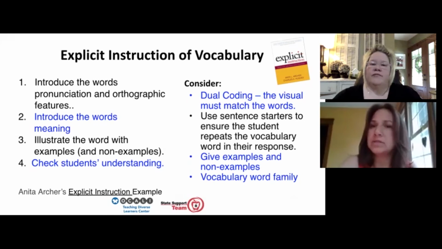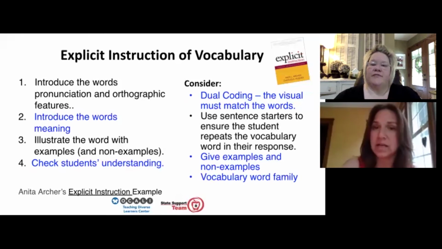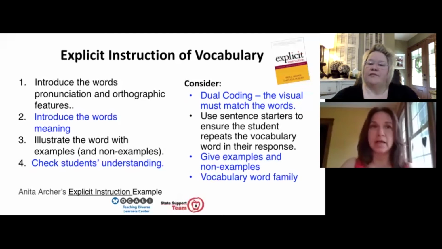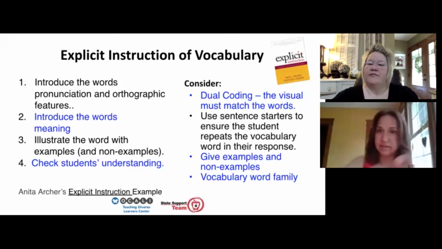Also, the use of sentence starters. Anita Archer really promotes this in the fourth step, in checking students' understanding. So for instance, if a tier 2 word might be composition that you are explicitly teaching, you may use a sentence starter like, the composition of a peanut butter and jelly sandwich is, Shauna?